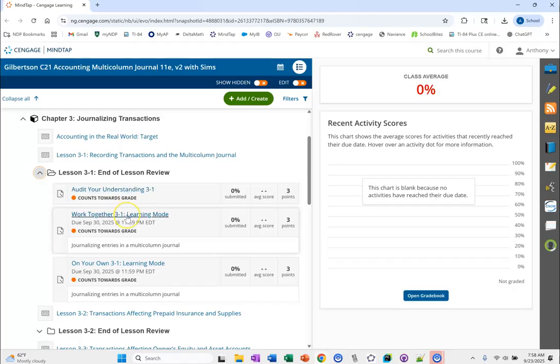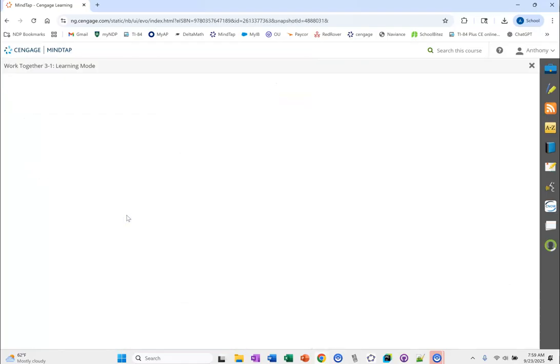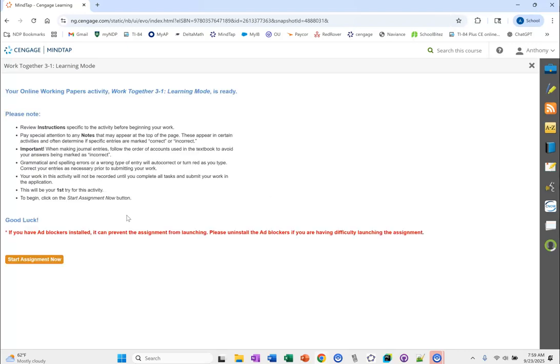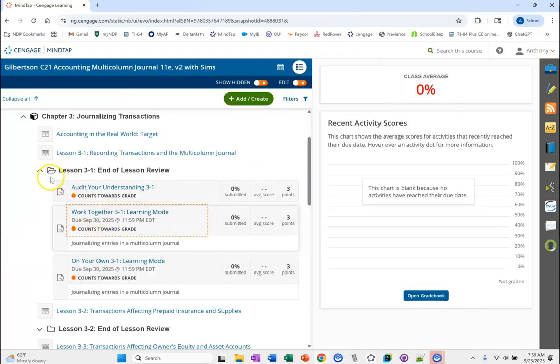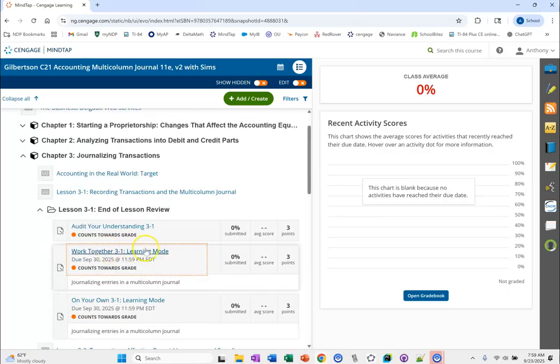Click on the work together 3.1, work together, part 3. So you clicked chapter 3, chapter 3.1 end of lesson review, and then work together 3.1 learning mode.